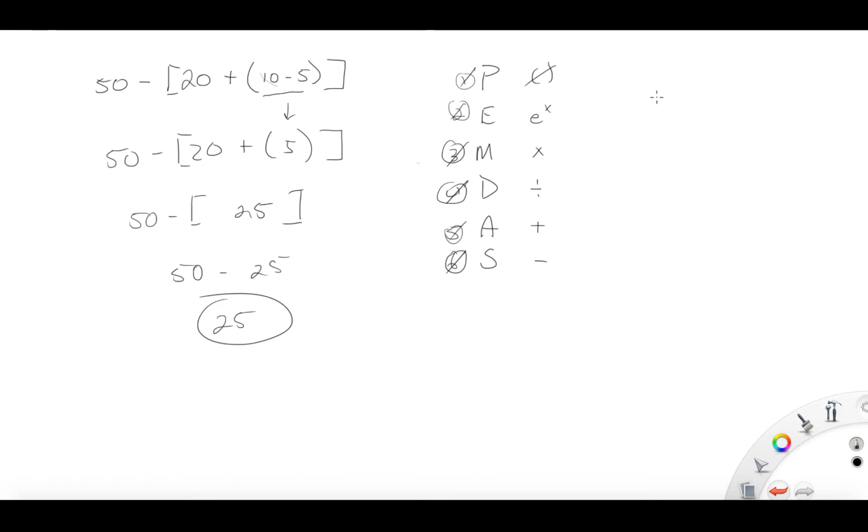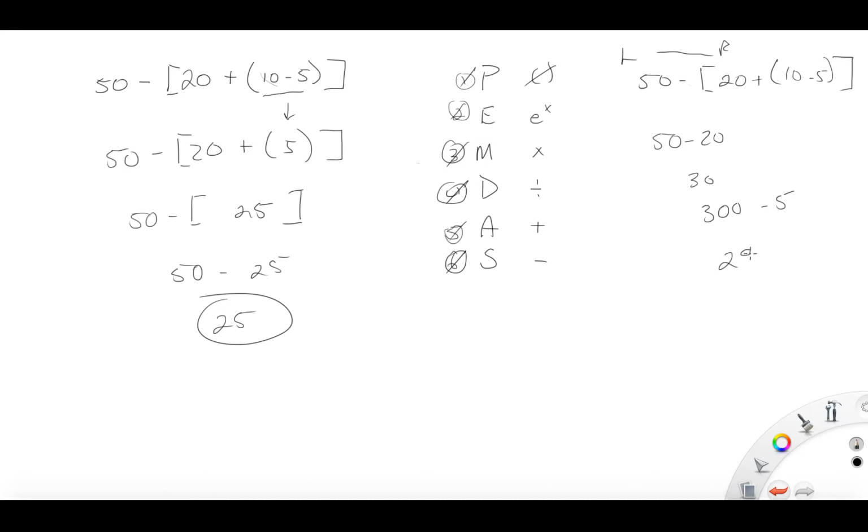Now, I want to show you how off you can get if you do it the wrong way. I'm going to go from left to right. What if I did 50 minus 20, which is 30, and then I did 30 times 10, which would be 300, minus 5?